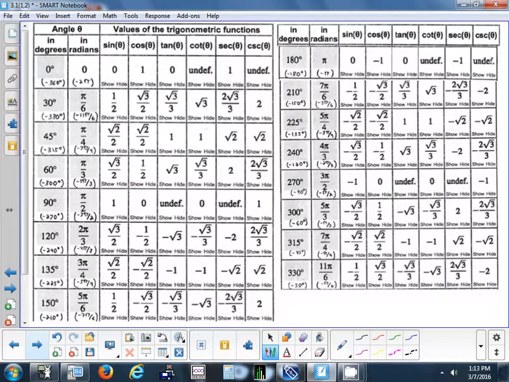Okay, looking at my table, anybody think they can tell me what the inverse sine of 1 is? Yep, 90 degrees. Or what if they wanted it in radians? Pi over 2. Both are listed right in the table. And both of them are listed as negatives as well. Okay. With inverse sine, what does your answer have to be between?